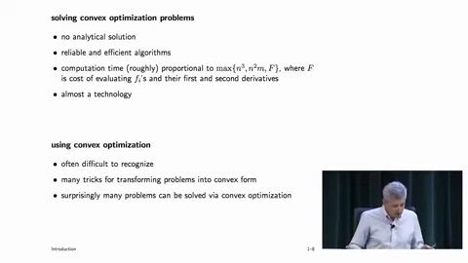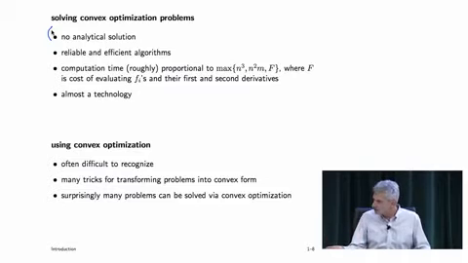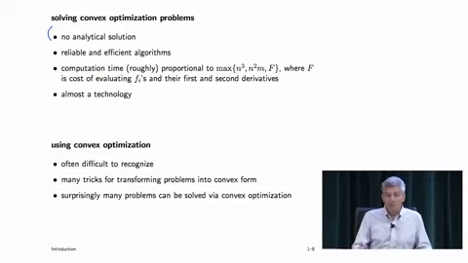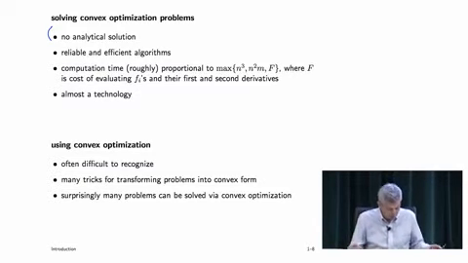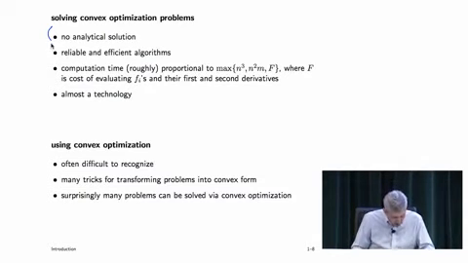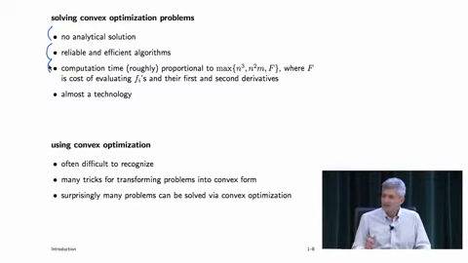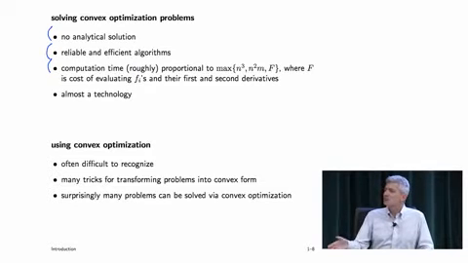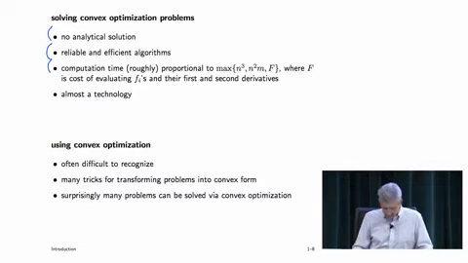Now, in general, there's no analytical solution for convex problems, except for, of course, a handful of trivial cases. We'll look at some of those, and some of those are useful. But that's not the focus of this course. But there are reliable and efficient algorithms, and the computation time is roughly the same as something like least squares. It depends on various things, and we'll have a much more nuanced picture of this later in the class.